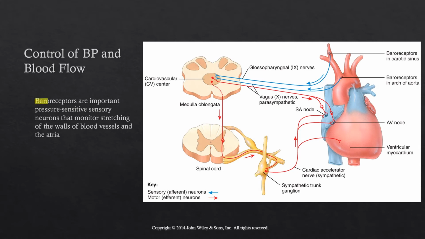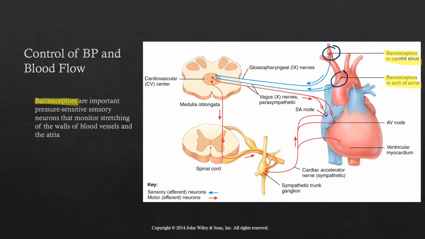Now baroreceptors, these are pressure sensitive sensory receptors. These are located in the aorta, right here, and also in the internal carotid arteries. So these are here, these internal carotid arteries. These are arteries in the neck that are going to supply blood to the brain.